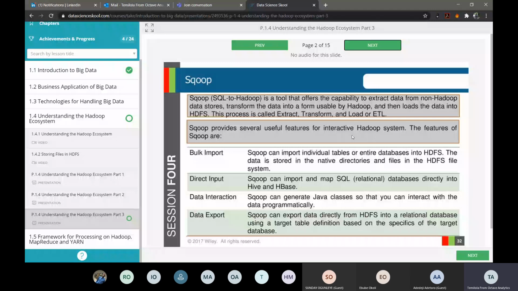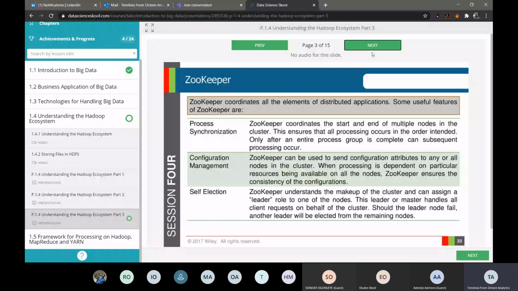So imagine those things that your YARN used to do. Remember I told you that your YARN is more or less like an administrator. Some of those things that YARN was doing, they were still having some little issues with, and that was what led to the development of Zookeeper.